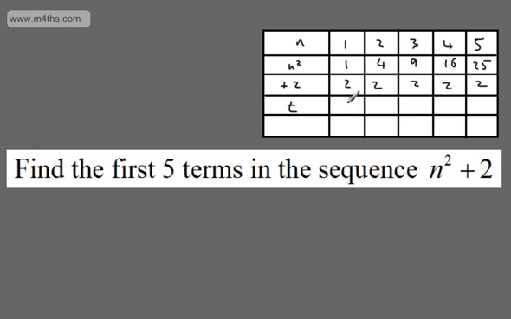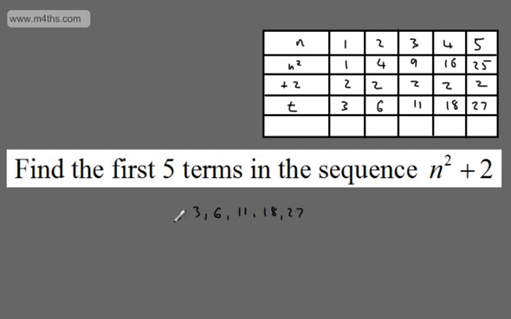So 1 plus 2 is equal to 3. Then 4 plus 2 is 6. 9 plus 2 is 11. 16 plus 2 is 18. And 25 plus 2 is 27. So we can say that the first 5 terms of this quadratic sequence are 3, 6, 11, 18, and 27.